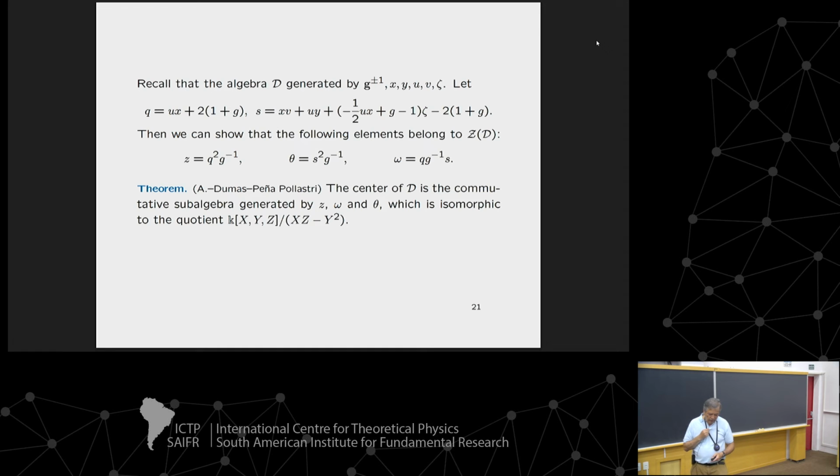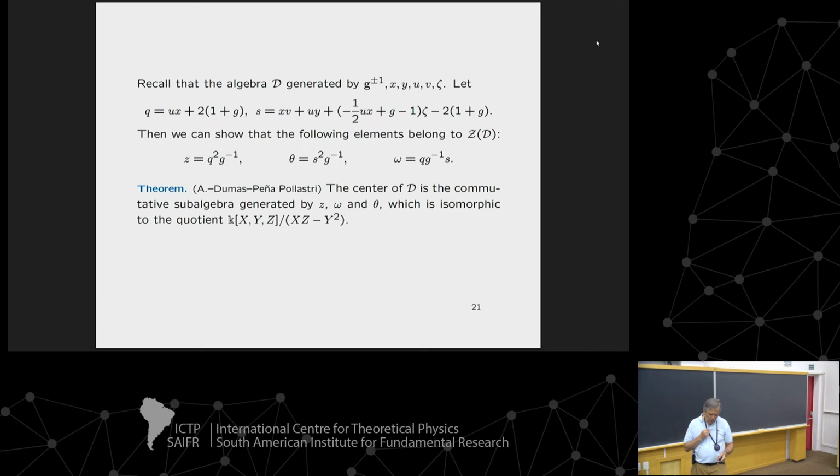Okay, another theorem we obtained about the structure of D is that we computed the center. The center of D is the commutative subalgebra generated by 3 elements zeta, omega, and theta.